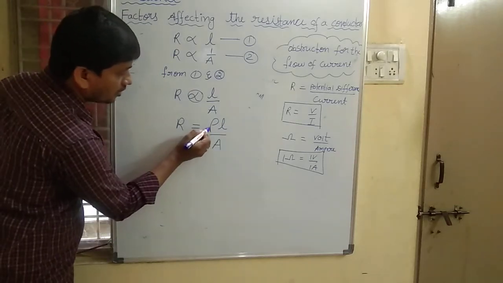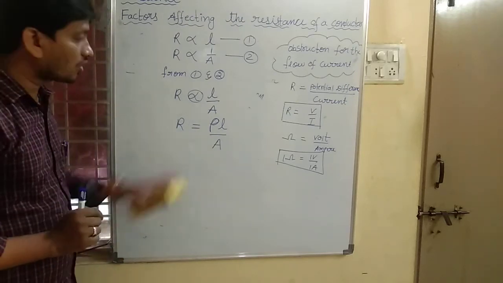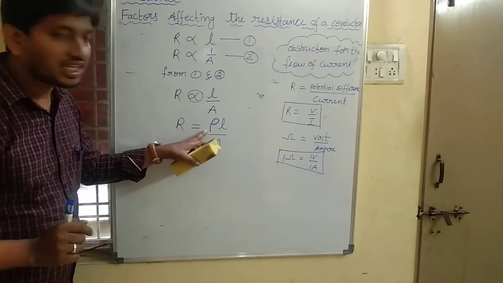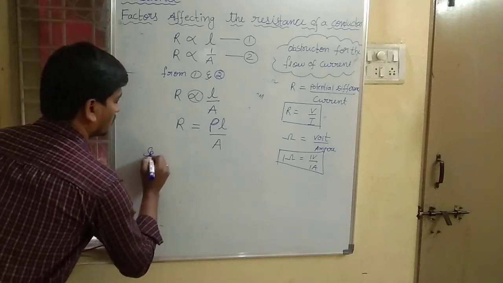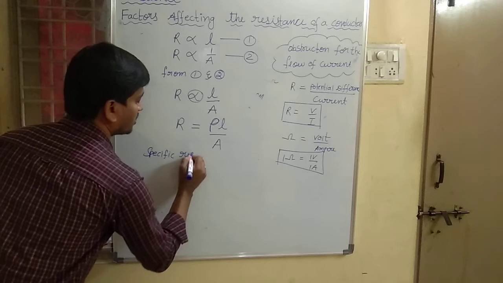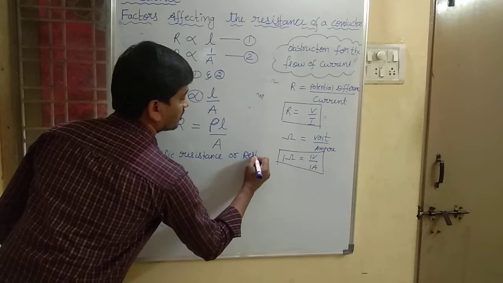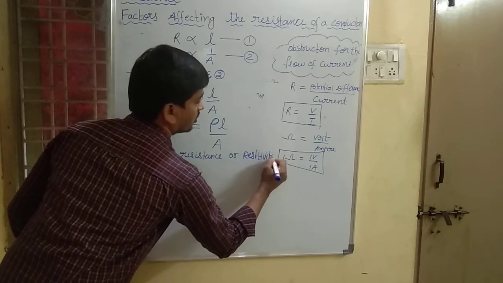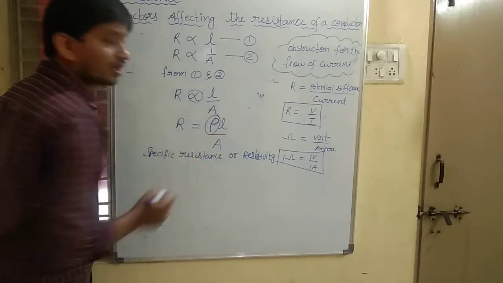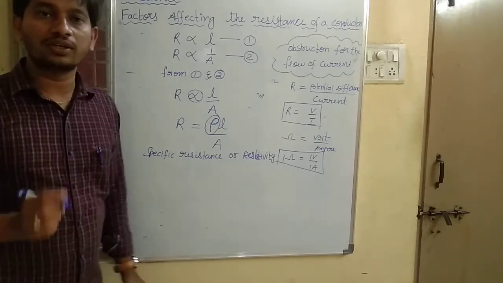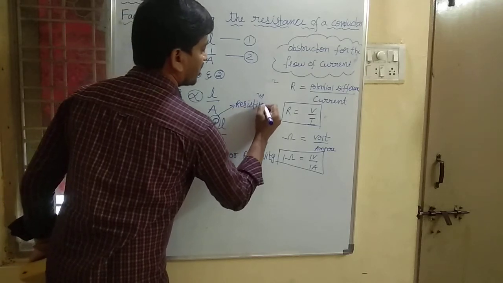What is this? This is called rho, which is called specific resistance, which is a constant. Rho is a constant here. We can also call it resistivity.